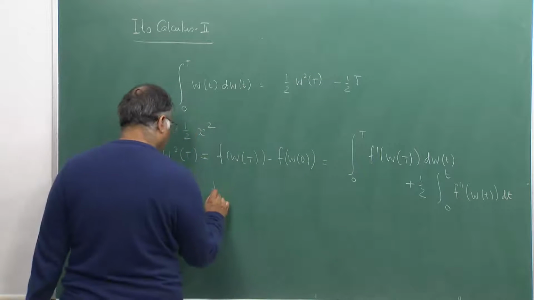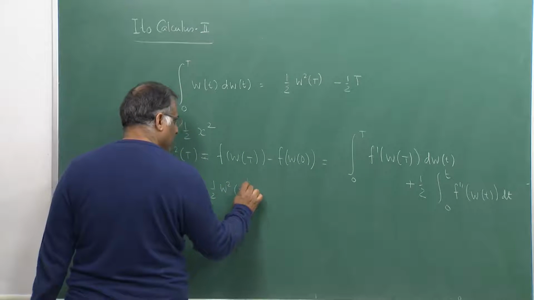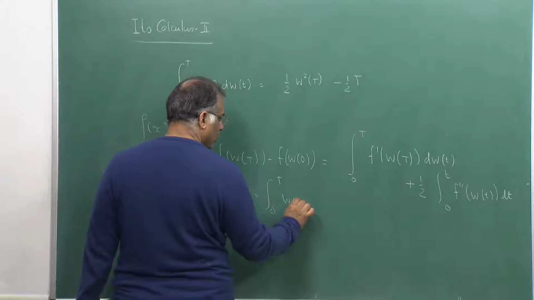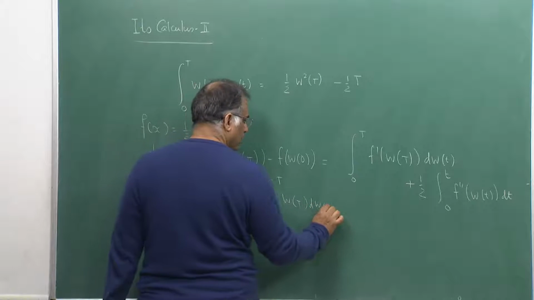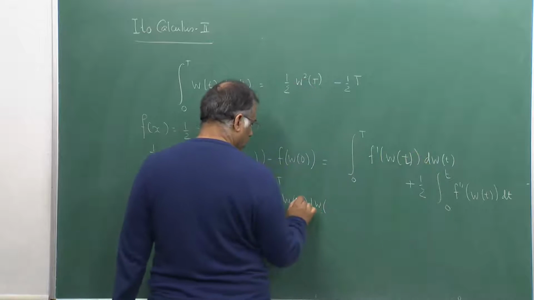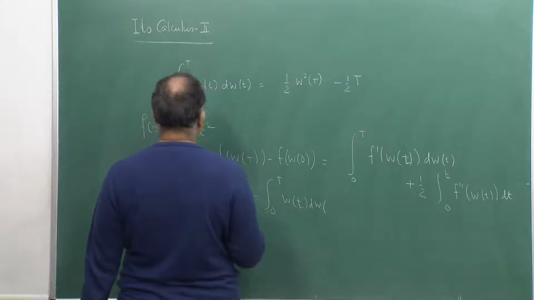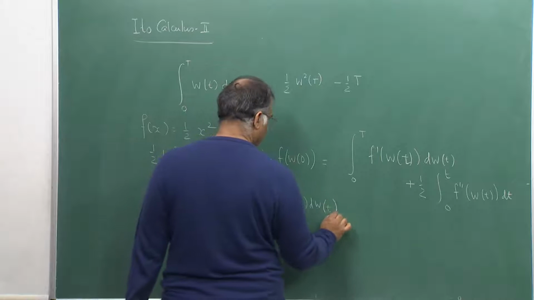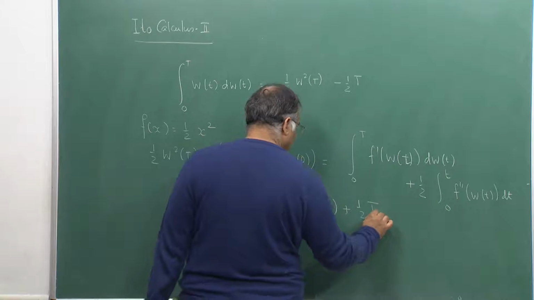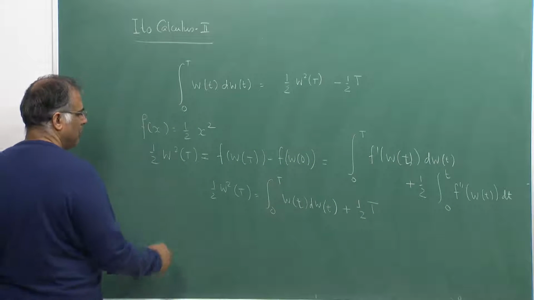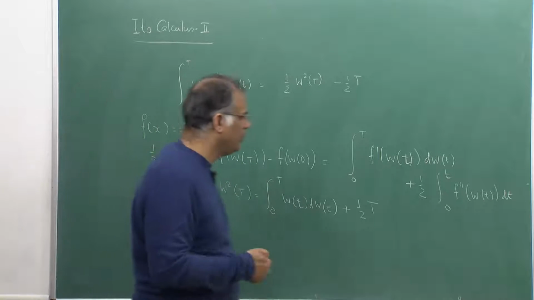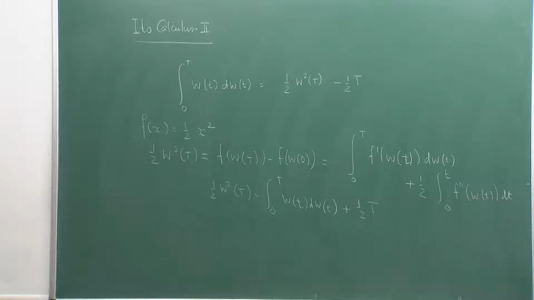So, we will have half w square t is equal to the integral from 0 to t of wt dwt plus half of the integral from 0 to t of 1, so this is half of t. So, you immediately know that if I bring it to this side, I get this formula. So, it comes out of Ito's formula that we have studied.